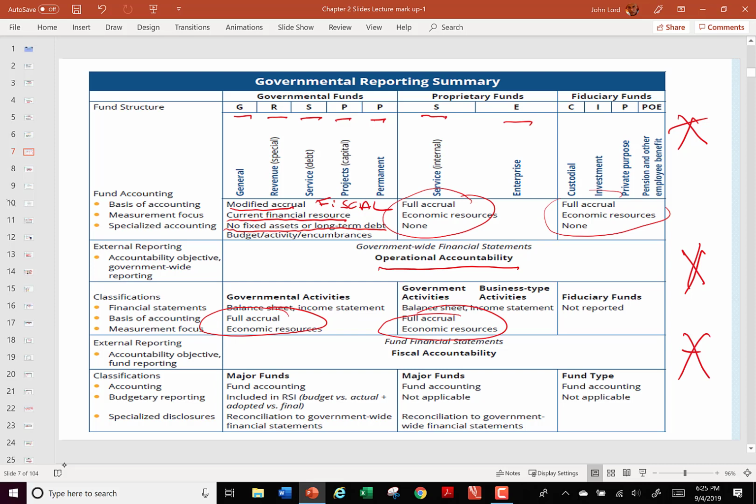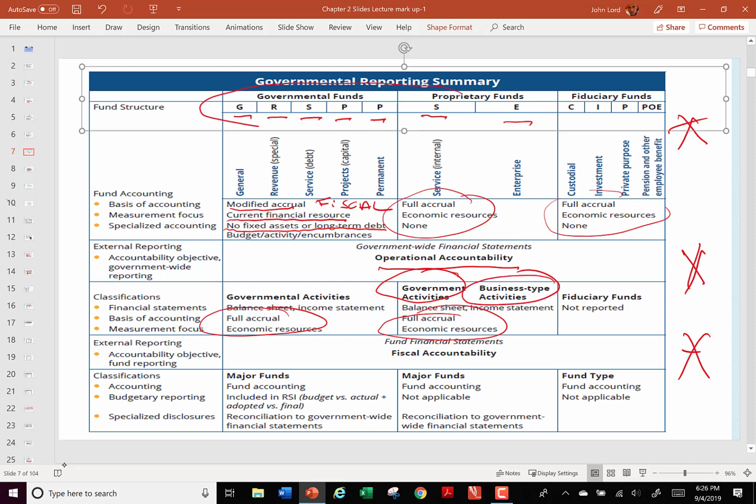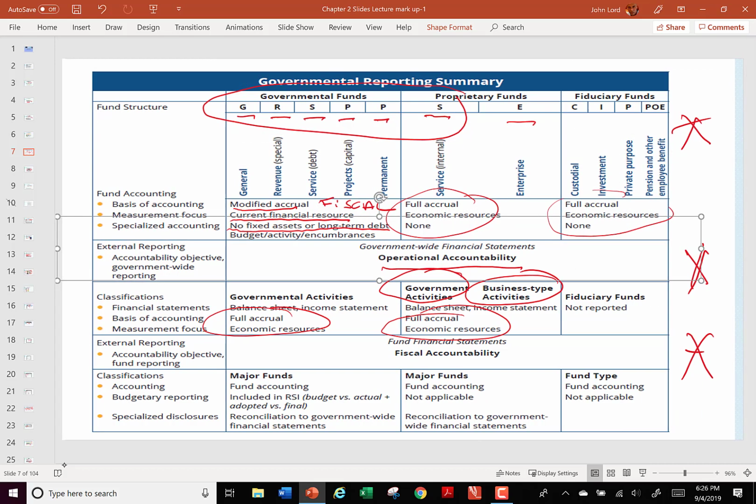Now, we will report 2 columns of information on our government-wide statements. We will have governmental activities and business type activities, and we do what? We take all of our governmental funds plus the internal service fund, and we roll all of those up into the governmental activity column, right?